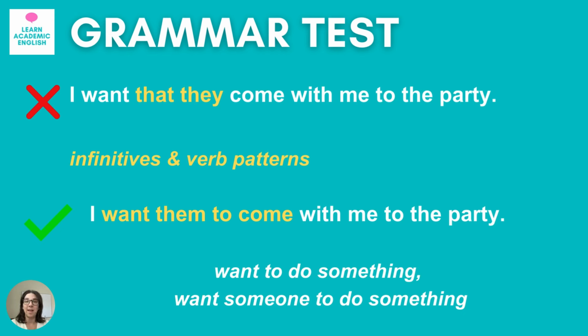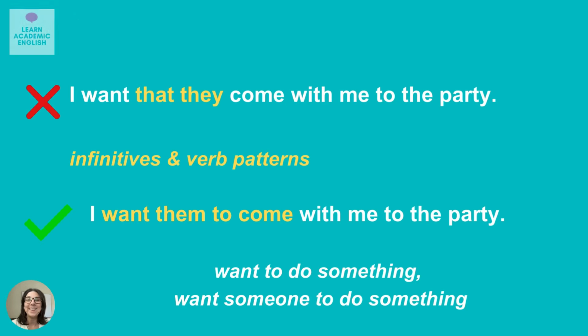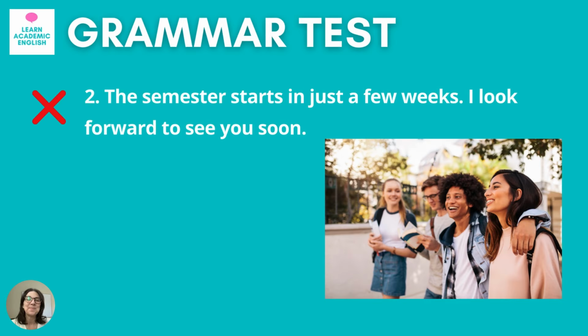I want them to do something. I want someone to do something, okay? So we're going to use them and then the infinitive. In English, the verb want never is followed with that and a clause. Okay, let's look at the next one.